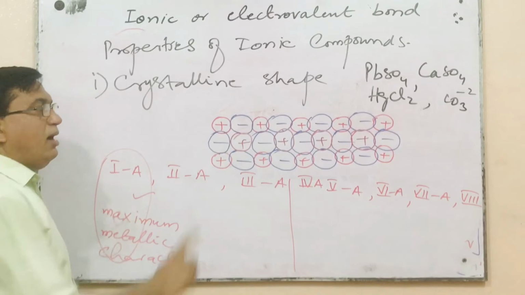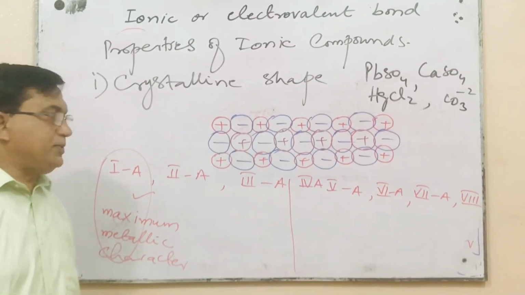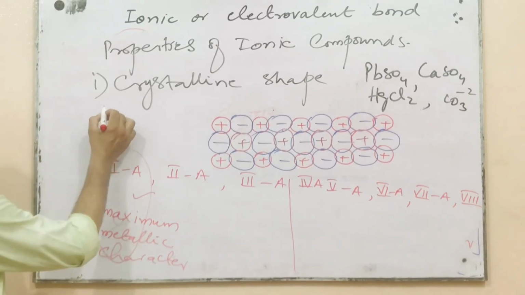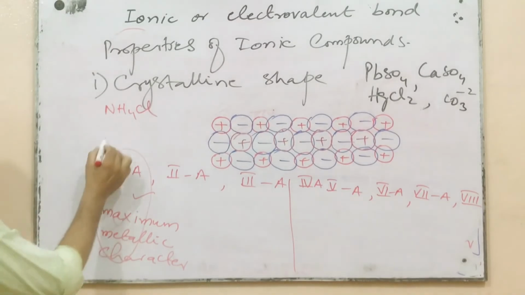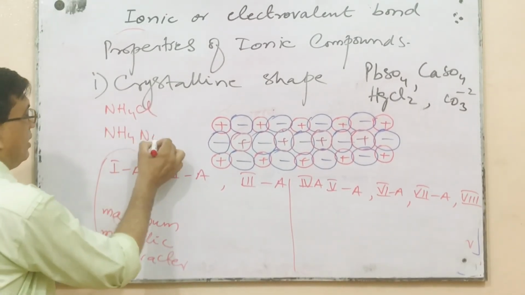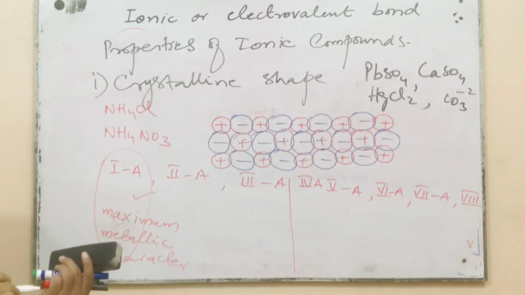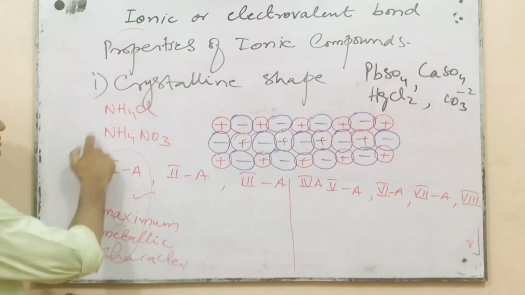Normally, ionic compounds have high melting and boiling points with few exceptions. For example, ammonium chloride. For example, ammonium nitrate. Both of these compounds are considered to be ionic.